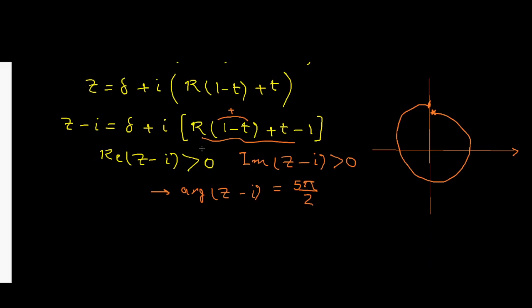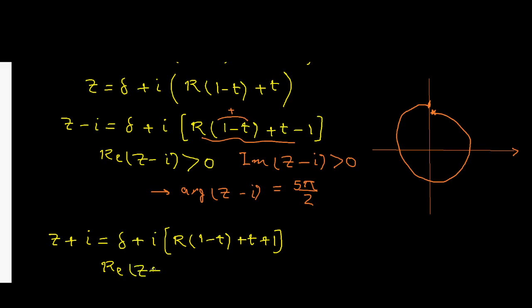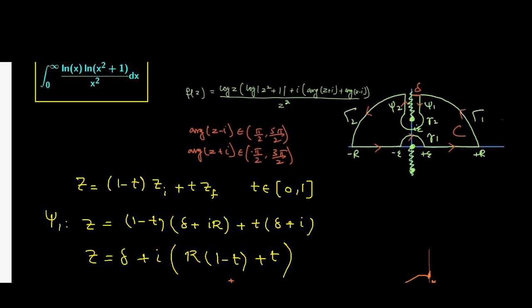And now if we find the expression for z plus I, we get something similar: delta plus I times R times 1 minus t plus t plus 1. Again, both the real part and the imaginary parts are positive. But now the thing which is different is the interval.